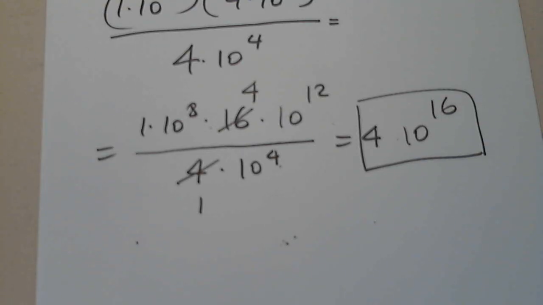The calculator has to use the exponential, the scientific notation, because this is such a huge number that the calculator should not be able to present otherwise. So when I click enter, I am hoping that the calculator will present 4E16.